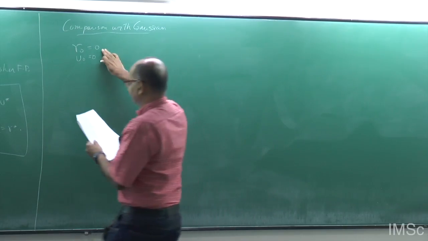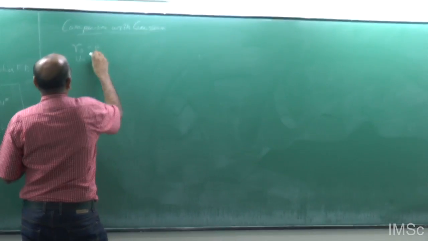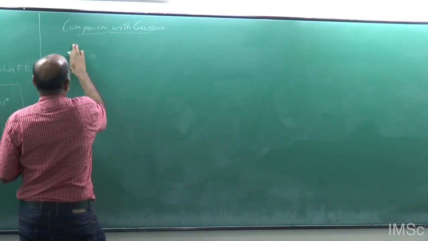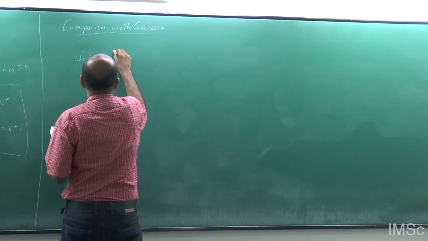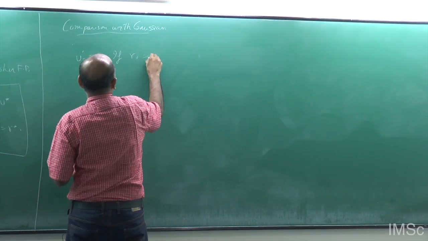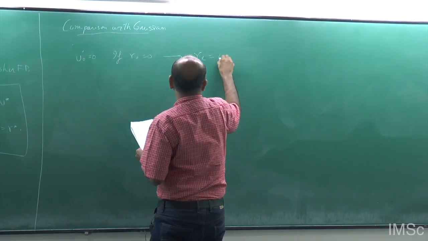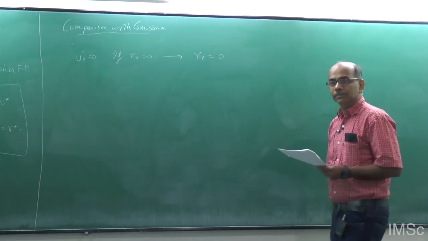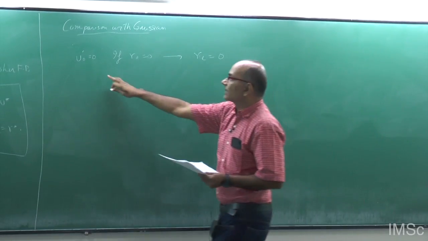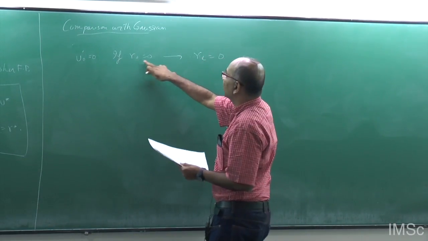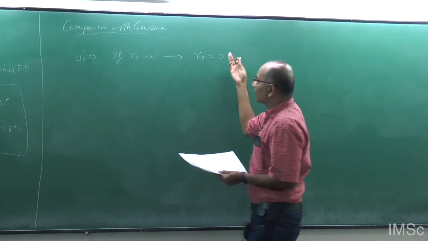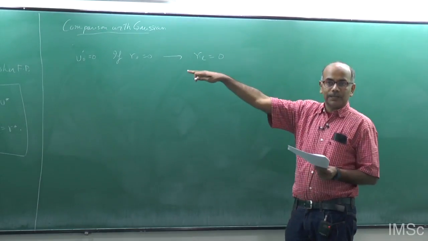In the Gaussian case, U naught equals 0. There is no U naught, it's just R naught, and we know that R1 is just 4 times R naught.